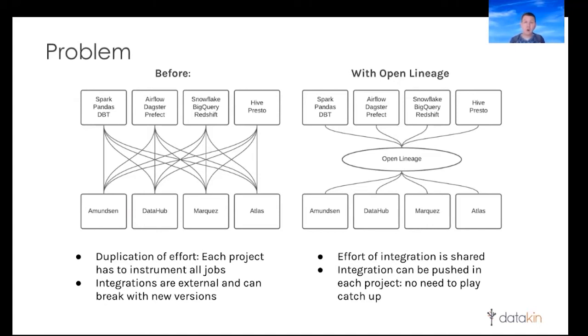And second, since OpenLineage is a spec, it doesn't imply anything on how this metadata is collected or stored or used. It can really easily be pushed into each of those projects and really invert the dependencies, in that each project can implement OpenLineage to represent metadata in a standard way, while not having a heavy dependency, right? It's basically just an interface that you implement, and then it can be configured to send this metadata to various repositories.